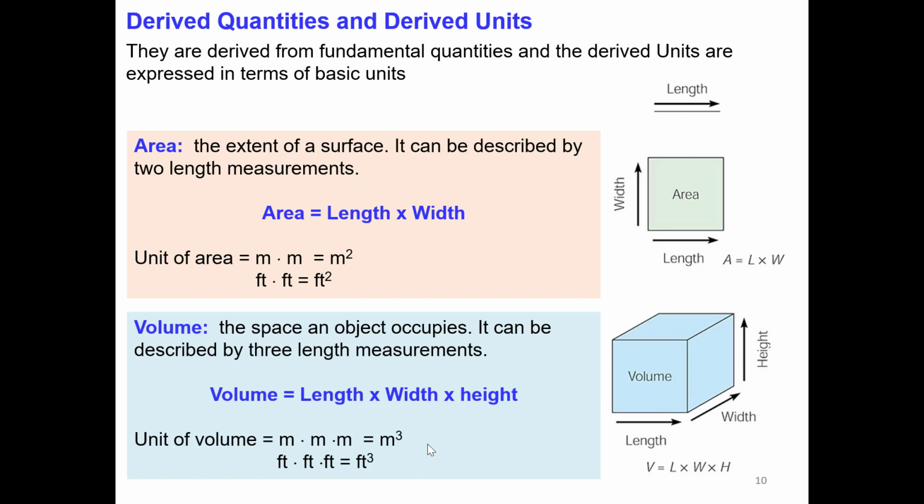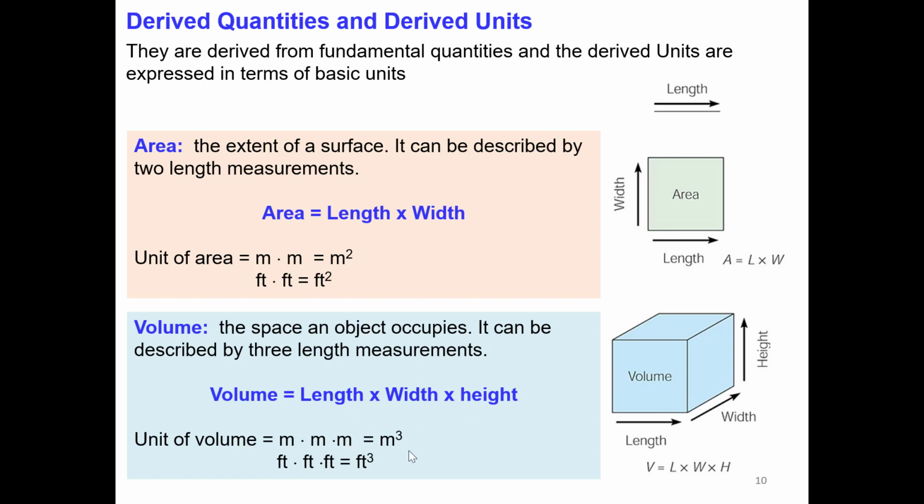And the same thing happens with the units of volume. Yes, the units of volume are always cubic units. One example is cubic meters, cubic feet. Yes, it is meters times meter times meter. Each of these meters corresponds to each of these lengths.